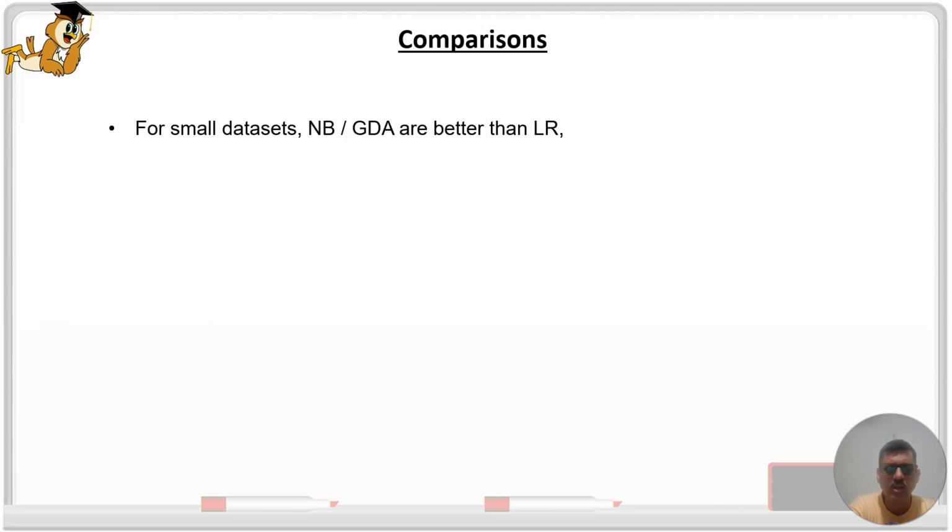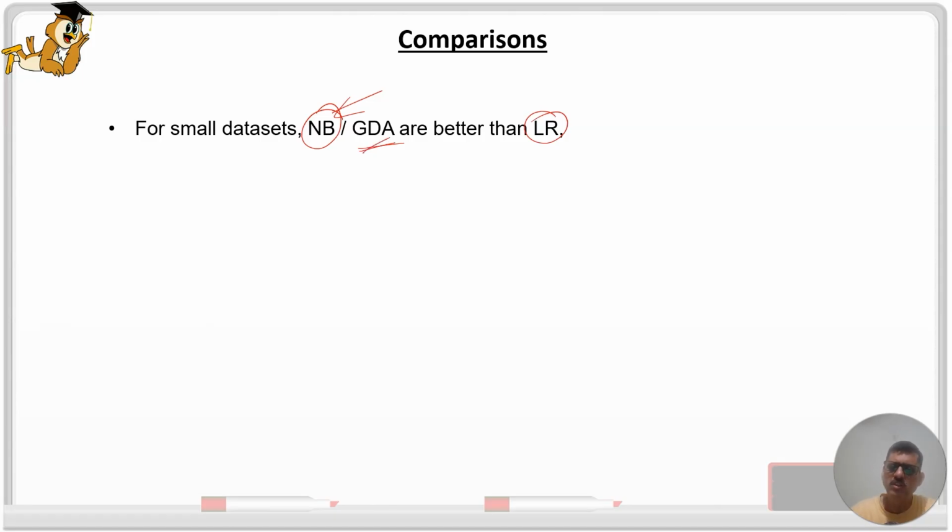So for small data sets, naive Bayes and GDA, Gaussian Discriminant Analysis, are better than logistic regression. We already justified why NB is a good model to choose when you have small data sets, because it's not a complex model.